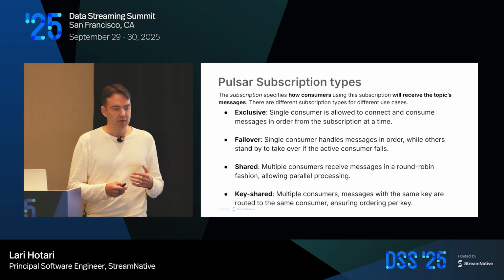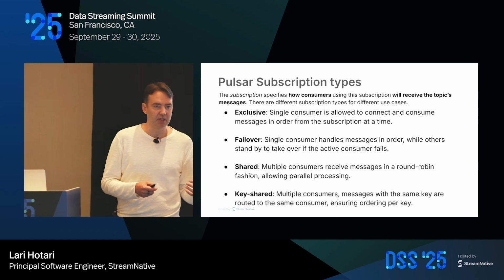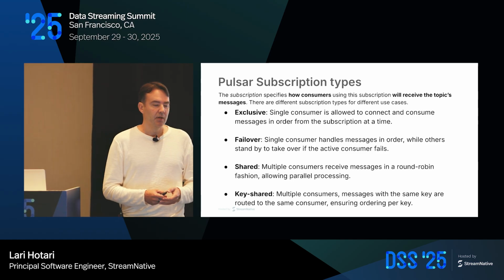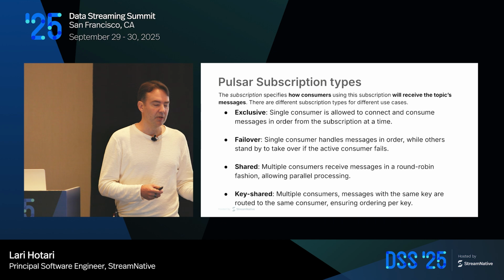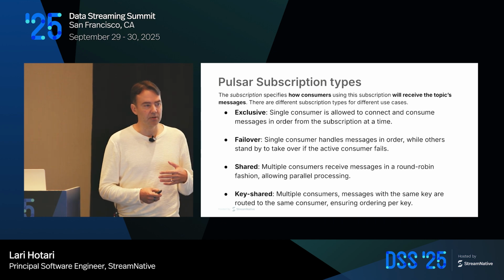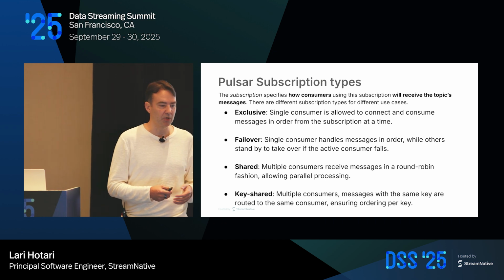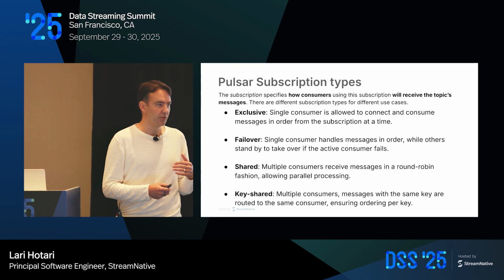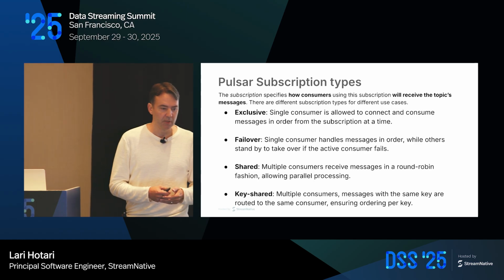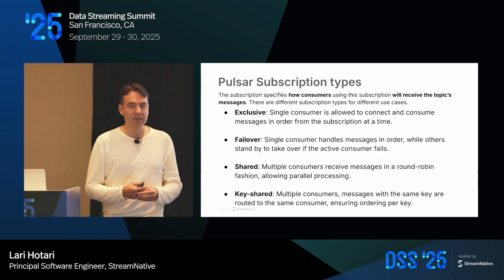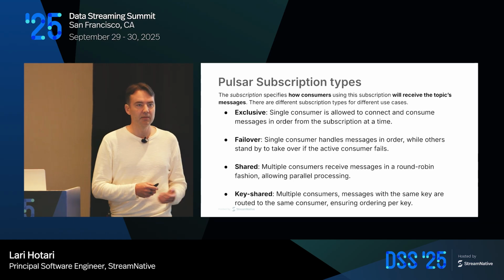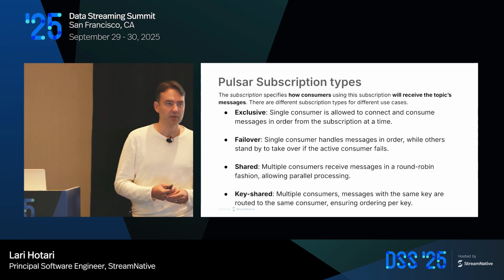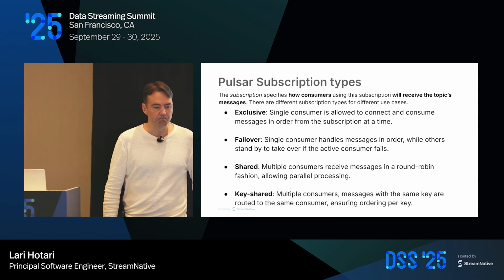So these subscription types are the ones that control this behavior. When the subscription type is exclusive, only a single consumer is allowed. And there you could do ordered message processing. And similarly with failover, you could do ordered message processing, but there you could have standby consumers waiting to connect.